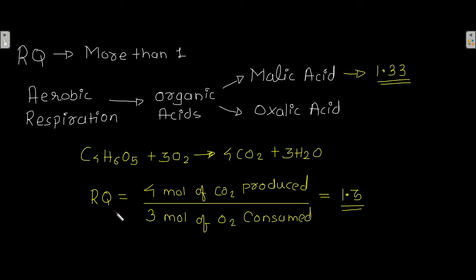So RQ, according to this equation, is 4 moles of CO2 produced divided by 3 molecules of O2 consumed, and this gives the value 1.3. That is the reason why the respiratory quotient in this case is 1.3. The respiratory quotient of malic acid is 1.33, that is more than 1.